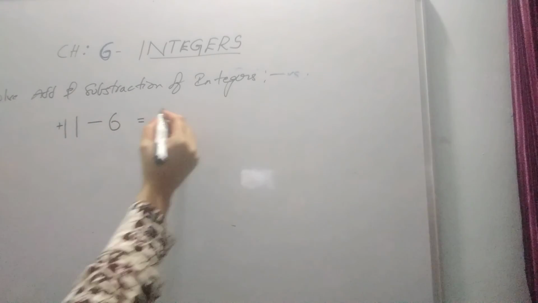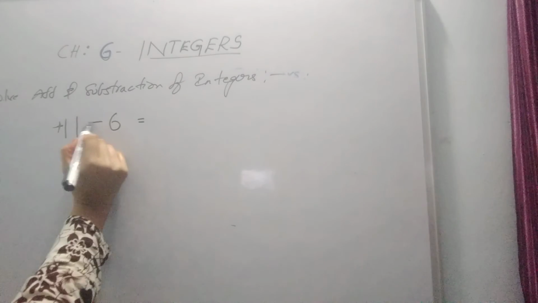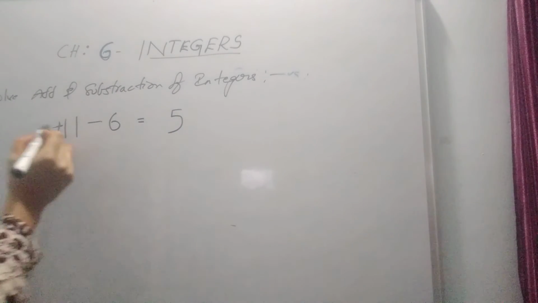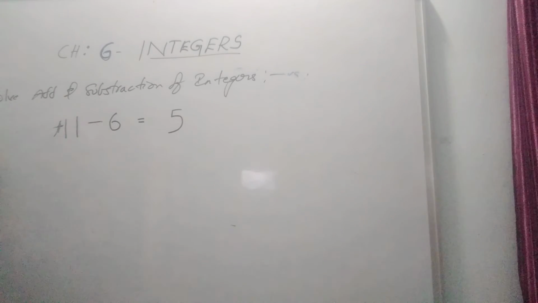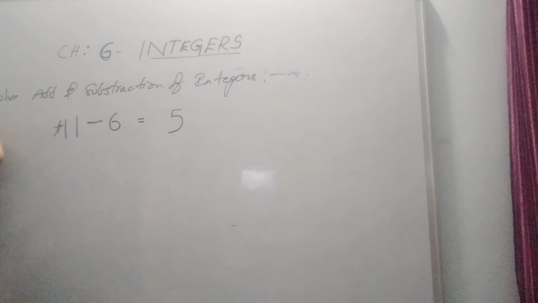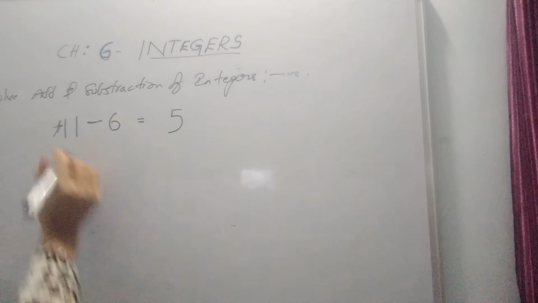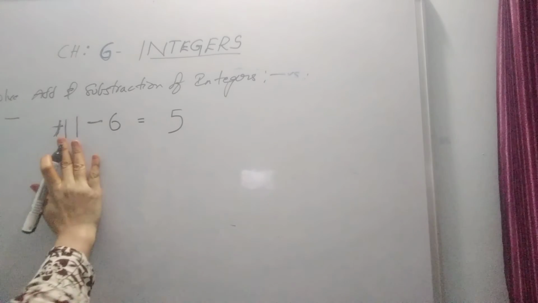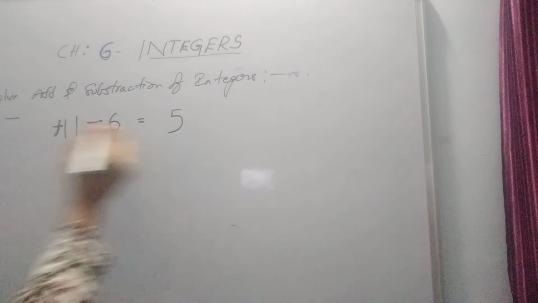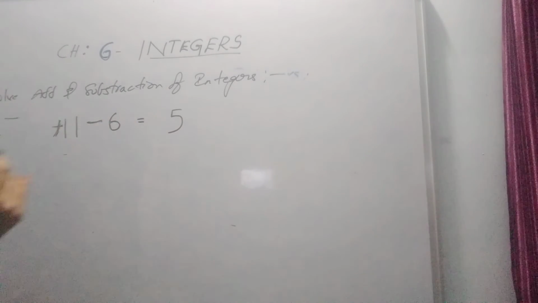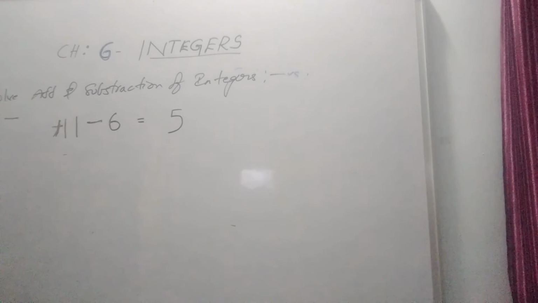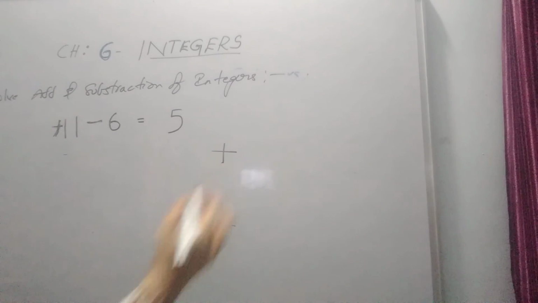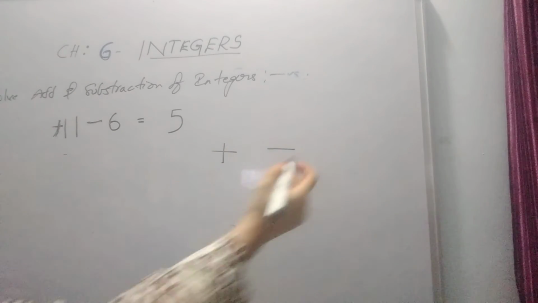What signs come here? Plus and minus. So 11 minus 6: here plus 11, here minus. What do we have to do? With plus and minus, we have to do minus. Please note this operation: if one number is plus and one is minus, we have to do minus only.